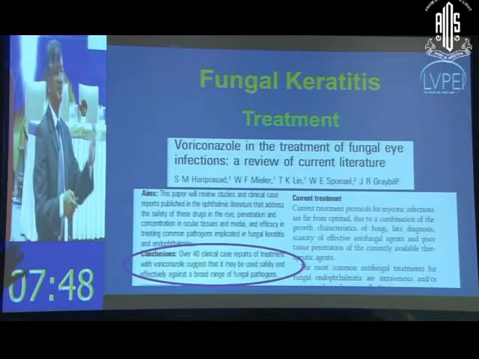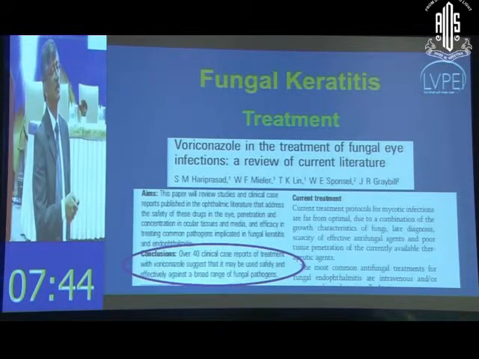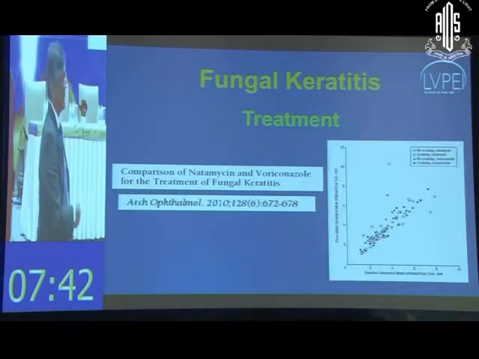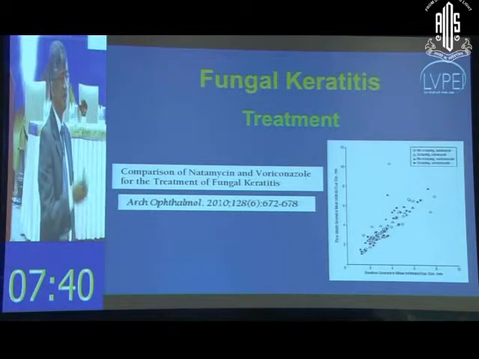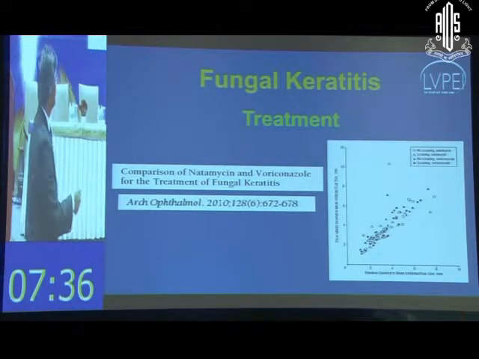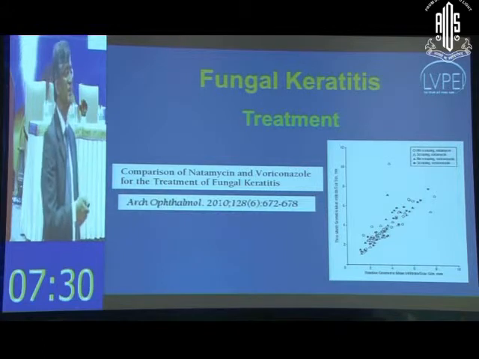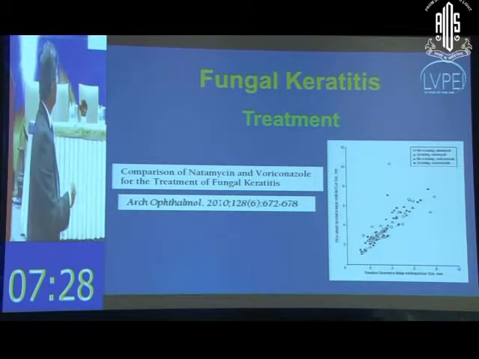But these trials or the publications were mostly in the form of case report or case series. Now, a randomized clinical trial conducted again in the Arvind Eye Care system very clearly showed that natamycin and voriconazole had the similar activity against filamentous fungi in the trial that they conducted.